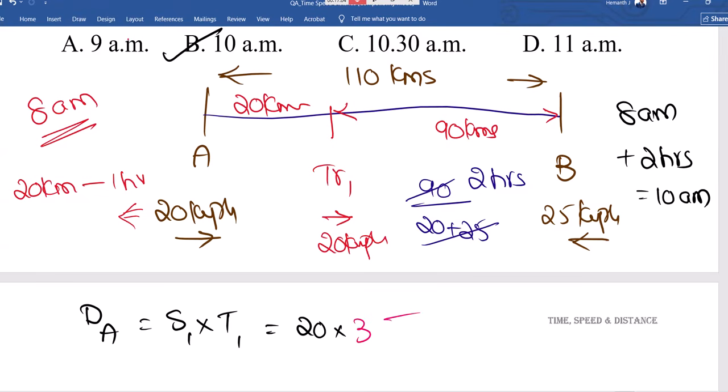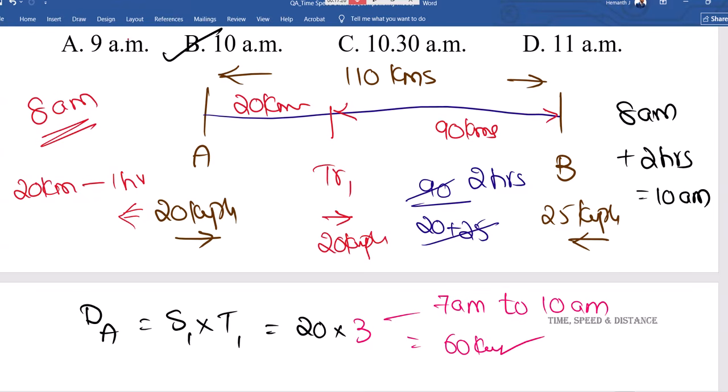It started at 7 a.m. and met at 10 a.m. Very important: the meeting happened at 10 a.m., so don't say 2 hours. Train 1 started at 7 a.m. So 20 into 3 is 60 kilometers. The trains meet each other at 60 kilometers from station A.